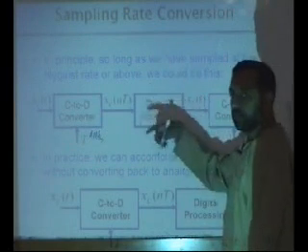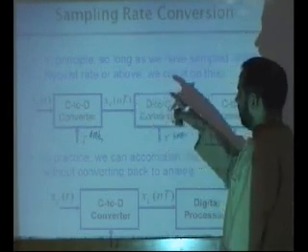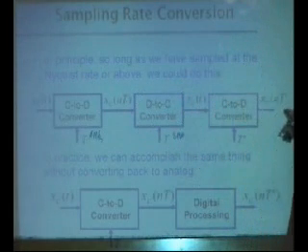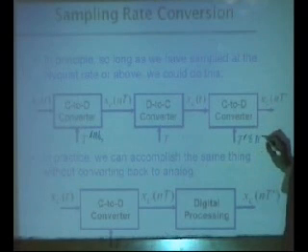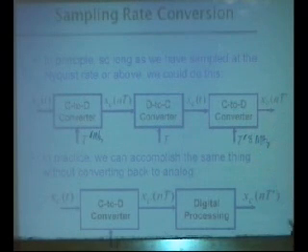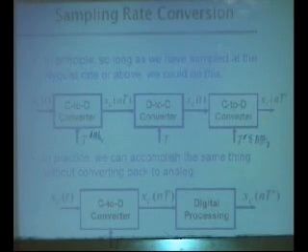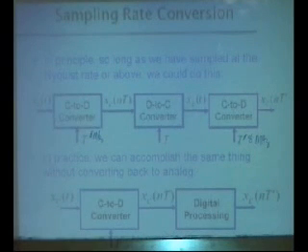It is equivalent to converting this digital signal back to analog, and then this analog signal back to digital using a T dash sampling rate, for example 8 megahertz. So mathematically the process is equivalent to passing a signal through a D to A converter and then again through an A to D converter.